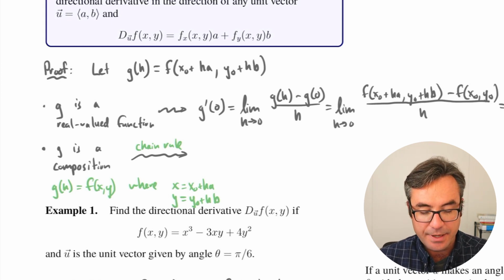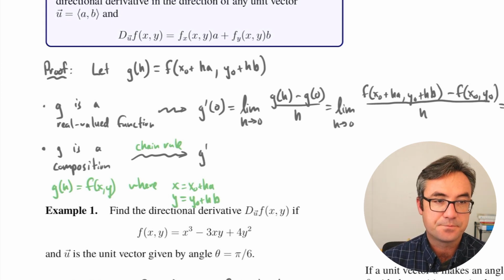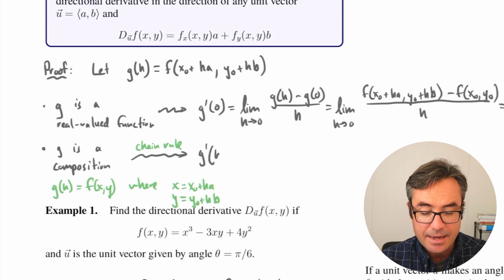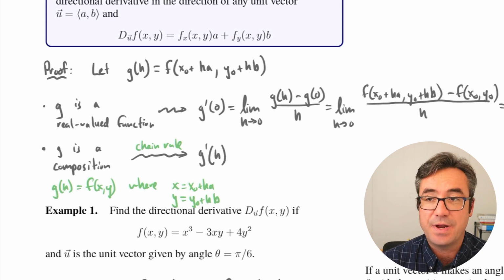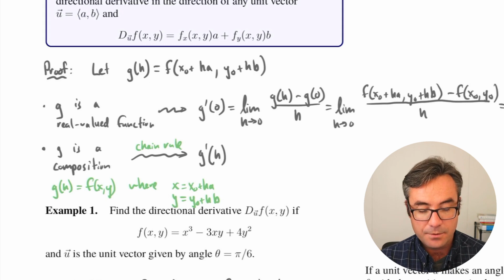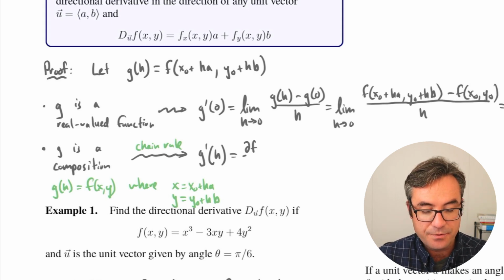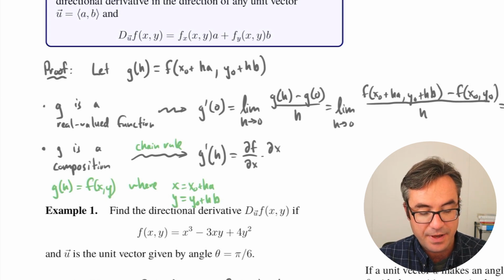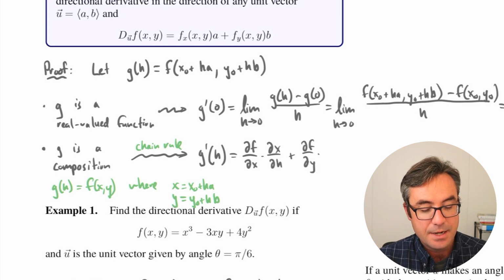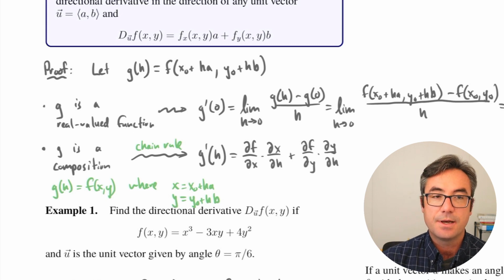So when we calculate the derivative at any h value, if we apply our chain rule, it's going to be the partial derivative of f with respect to x times the partial derivative of x with respect to h, plus the partial derivative of f with respect to y times the partial derivative of y with respect to h.